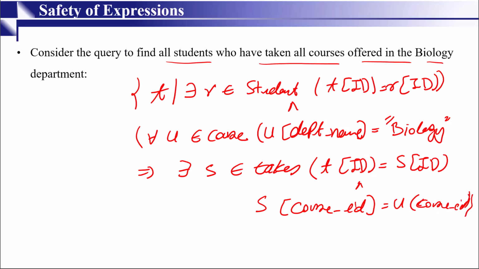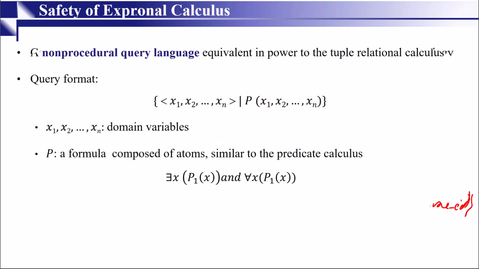Without the existential quantification on student, the query would be unsafe if the biology department has not offered any course. Then we go to Domain Relational Calculus.